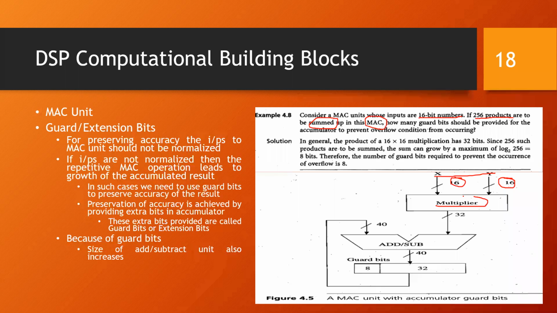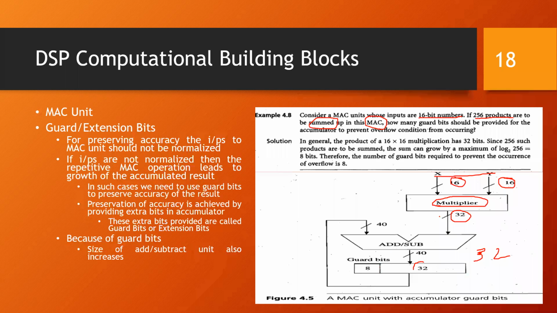Input is given to the multiplier, and the maximum result can be 2 times n. So here 2 times 16, it is 32 bits. Without guard bits, 32 bits and 32 bits get added, and we'll be getting a 32-bit result. So this is your accumulator.